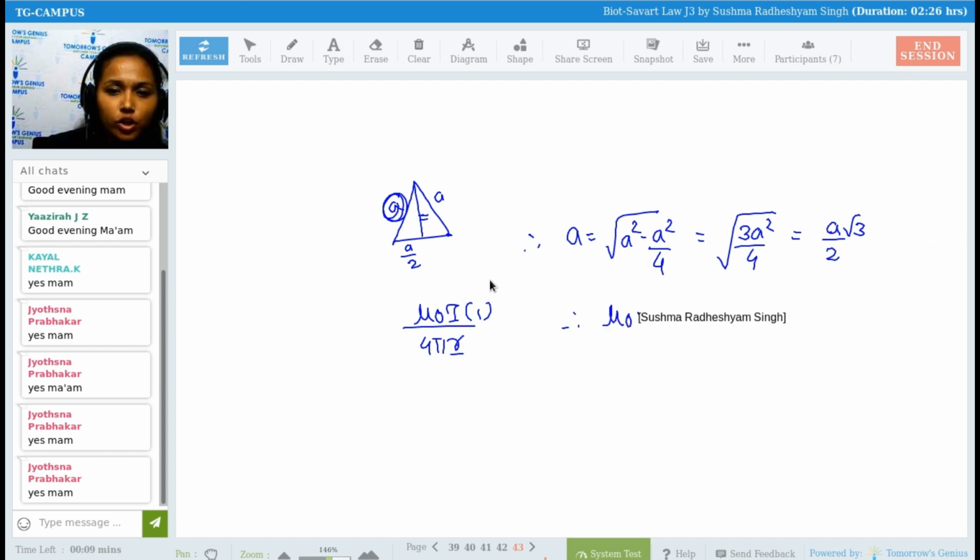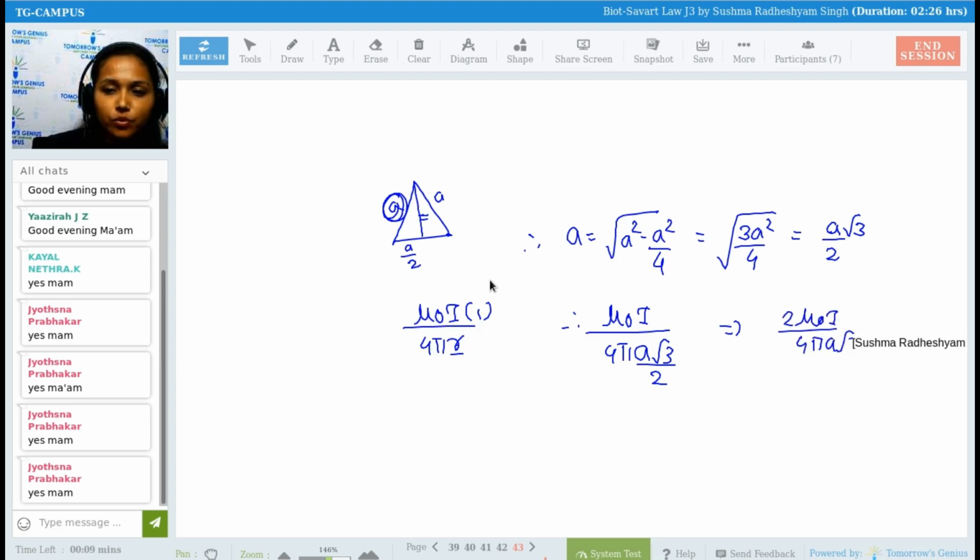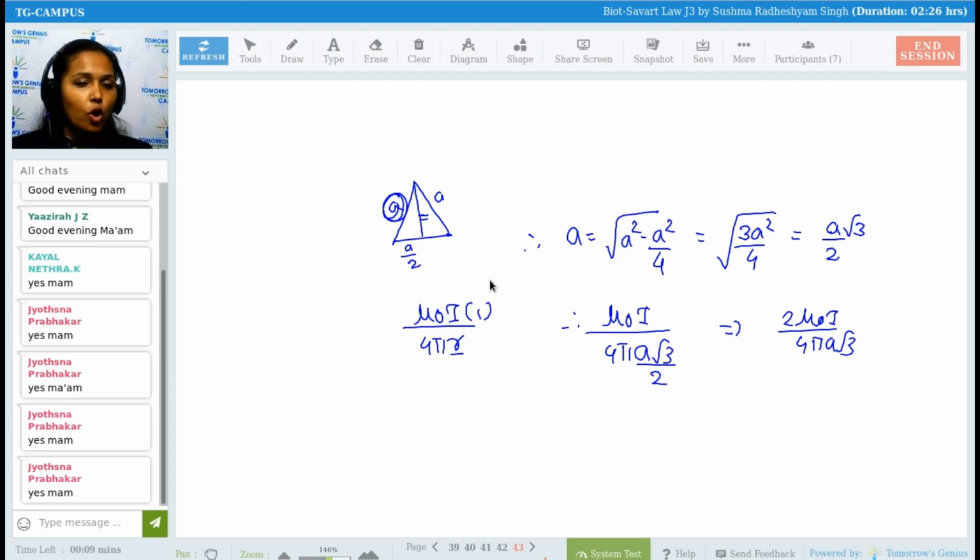So you get mu naught I over 4 pi times a root 3 over 2, then solving, 2 mu naught I over 4 pi a root 3. Clear this? Yes, ma'am. Got it. Okay. So this is your magnetic field due to one side. So like that, you find all magnetic fields and just add up. So your option A will be correct. Clear, dear? Yes, ma'am. Understood. Very good. It's okay.